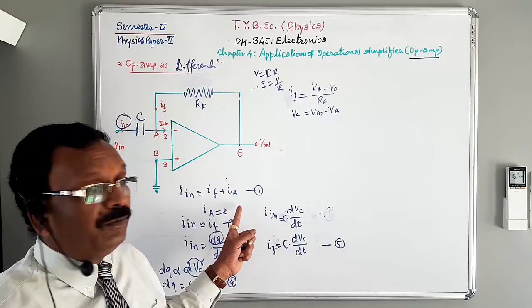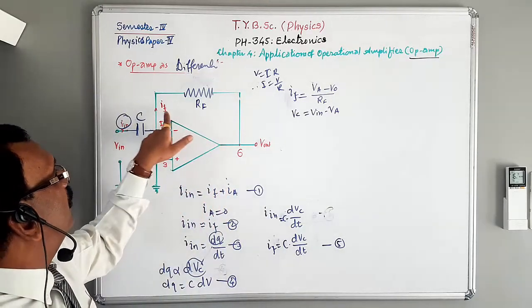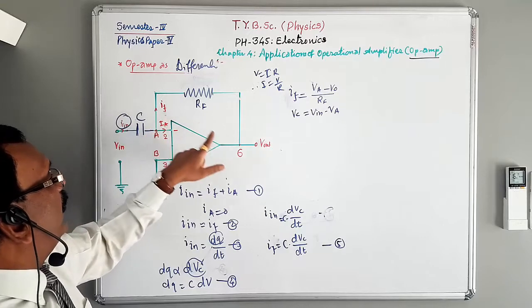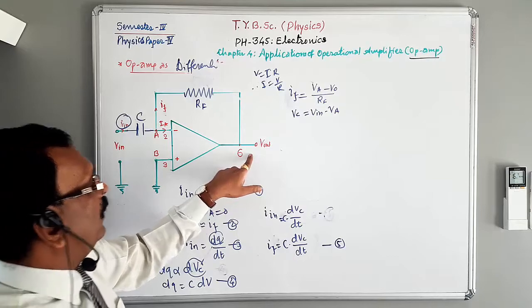Now from the figure, the feedback current I_F is nothing but the voltage at point A minus the voltage at the output, V_out, divided by R_F.